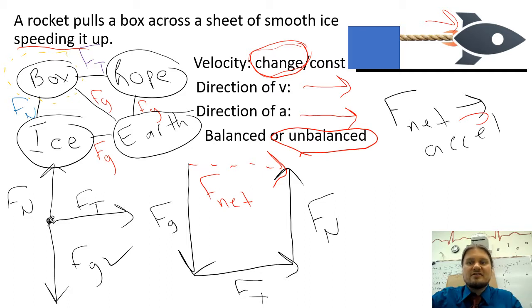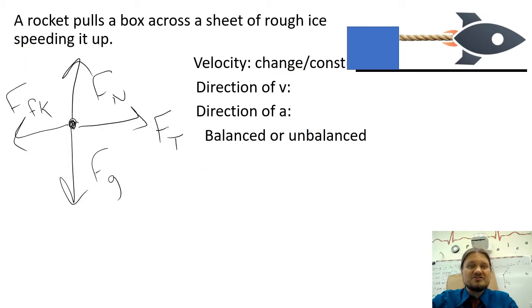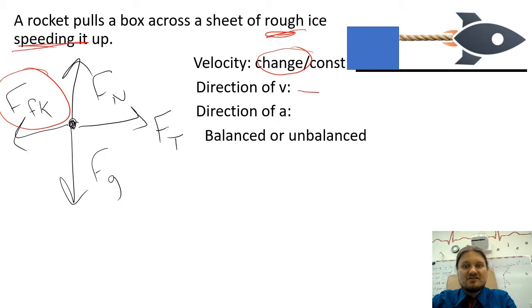Let's do another one here, and it's a similar situation, except the ice is rough this time, so there's going to be some kinetic friction. We still go through over here. The velocity is still changing because it says it's speeding up. It's still pulling to the right.